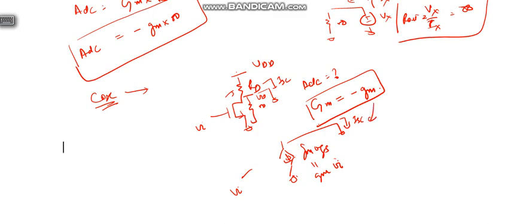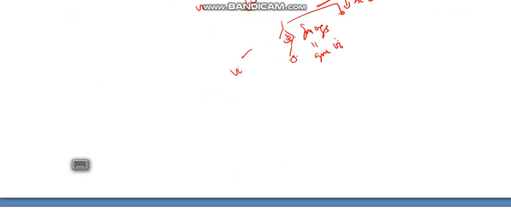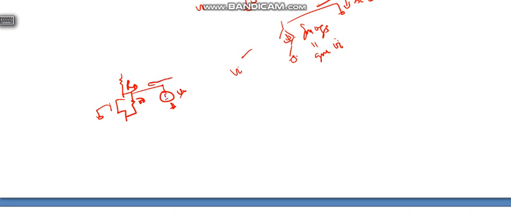Now we need to find the output resistance. This is RD, and we make the input ground, this is ro, this is Vx, this is Ix, this is ground, this is RD. This is small signal ground, so RD and ro are parallel to each other in small signal.